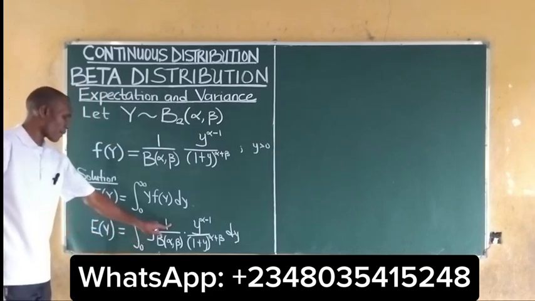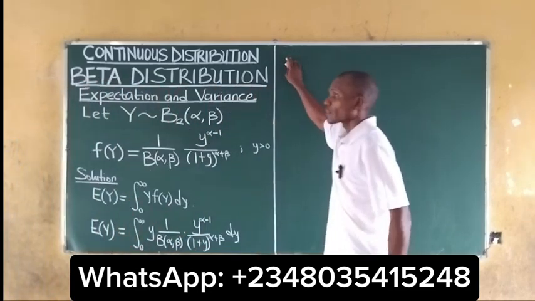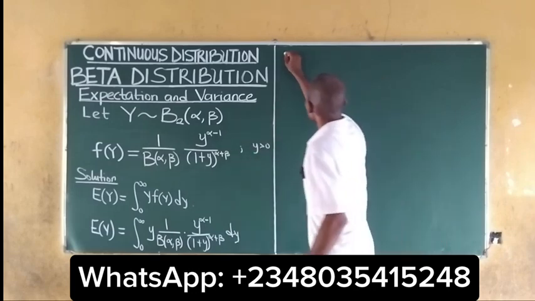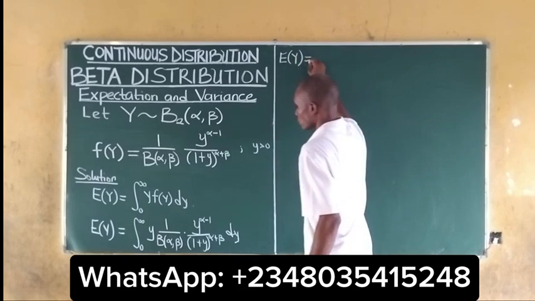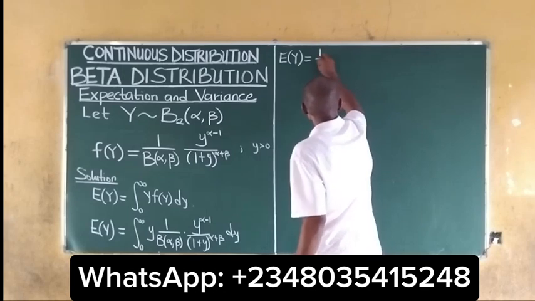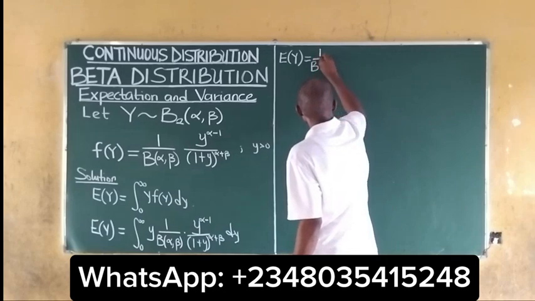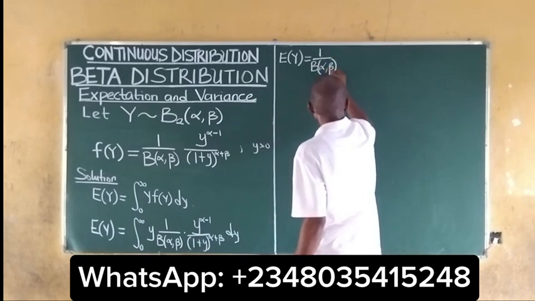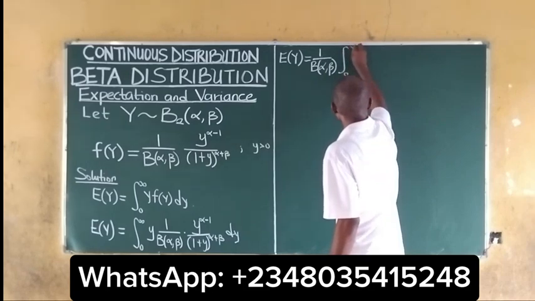The next thing to do, we can bring this constant out. So our expectation of y will be equal to 1 all over the beta function B(alpha, beta), times the integral from 0 to infinity.